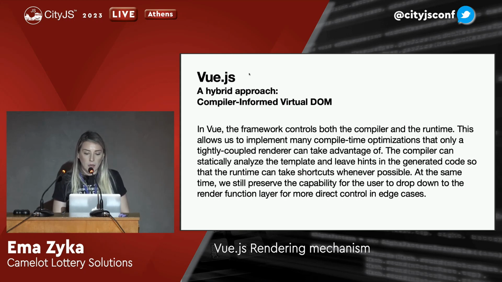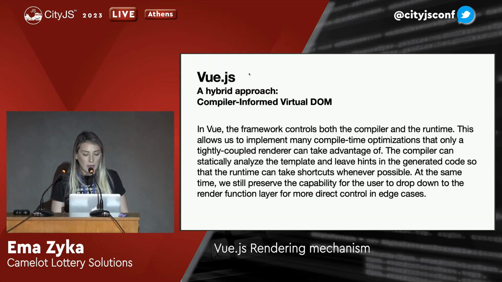So Vue.js, both the compiler and the runtime, allows us to implement compile time optimizations by taking some assumptions, as I mentioned. The compiler statically analyzes the code. It leaves behind some hints about the kind of changes that may happen to the template.